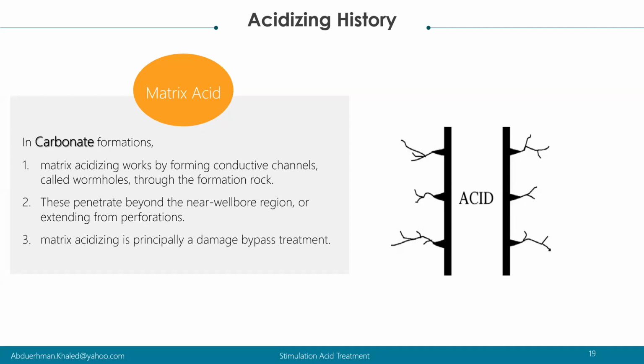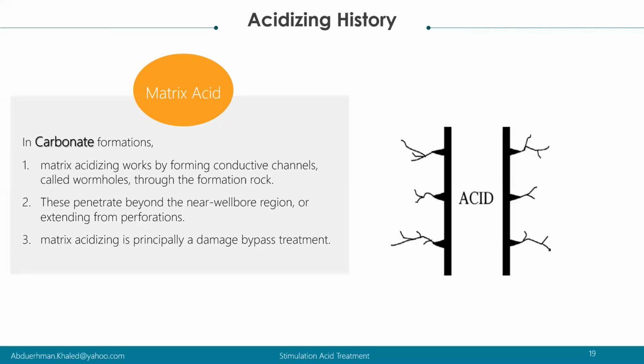The chance of success in carbonate is quite a bit bigger than in sandstone. There are a couple of things that are important to know: the reaction rate, the injection rate, and the diffusion rate.